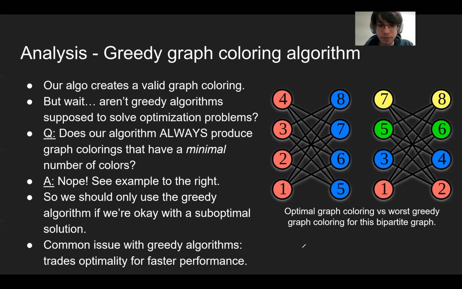It's related to the maximum degree of any vertex, plus 1, because the vertex needs a color itself, but then its neighbors also all need a color.